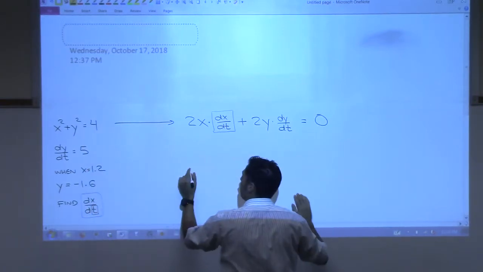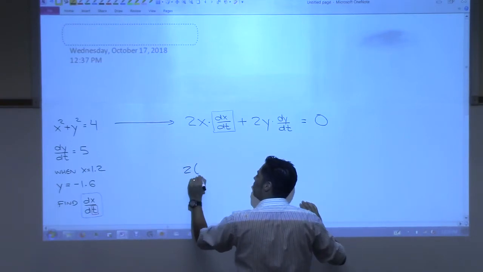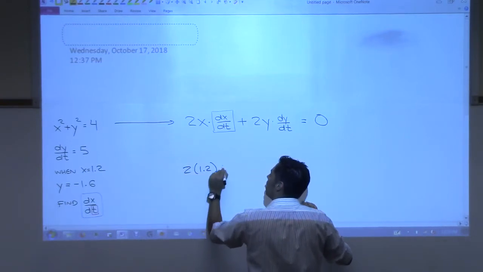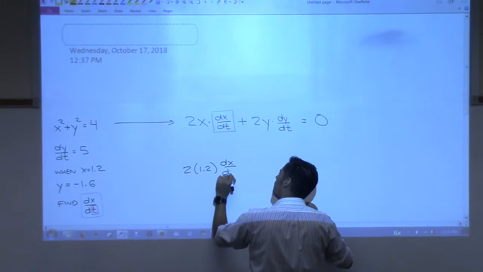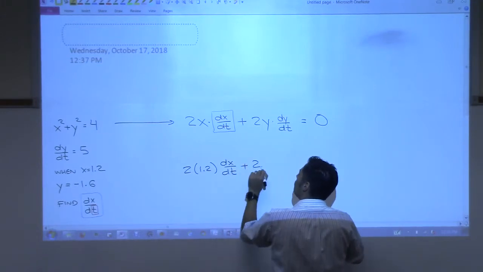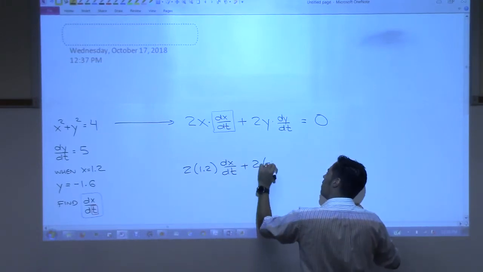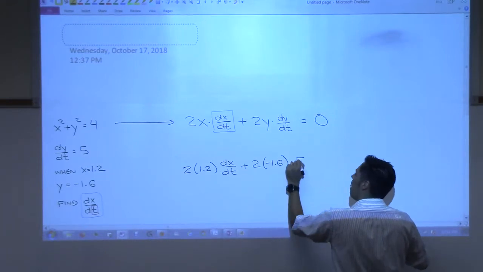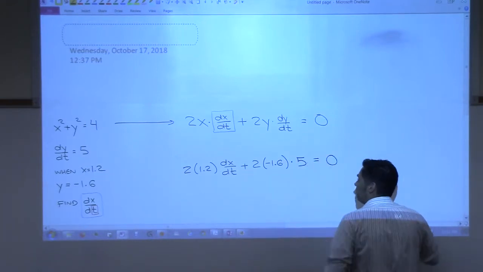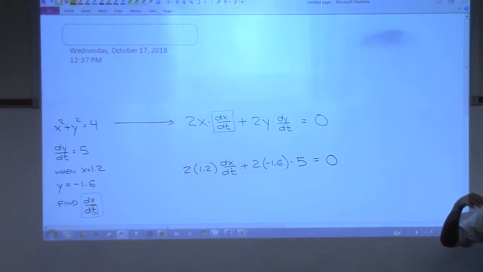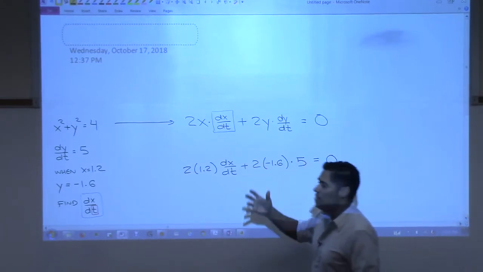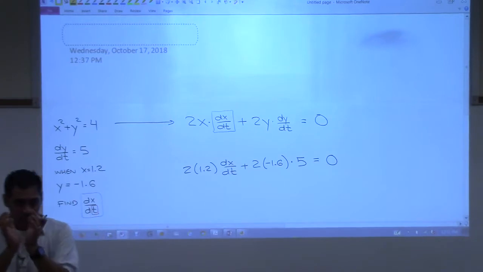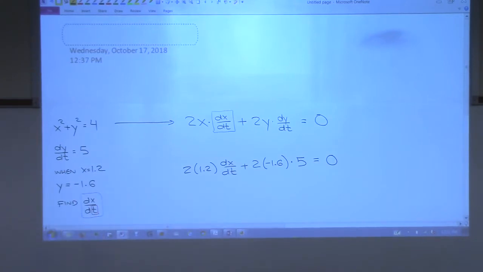So now I replace everything. 2 times 1.2 times dx/dt, plus 2 times y, which is negative 1.6, times dy/dt, which is 5. That must equal 0. So notice by replacing all my variables with the numbers, I only have one variable expression left, and that's dx/dt, and that's what I'm looking for.